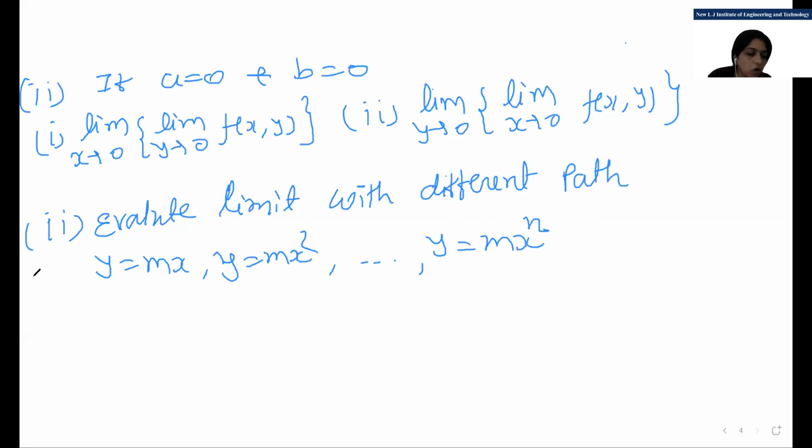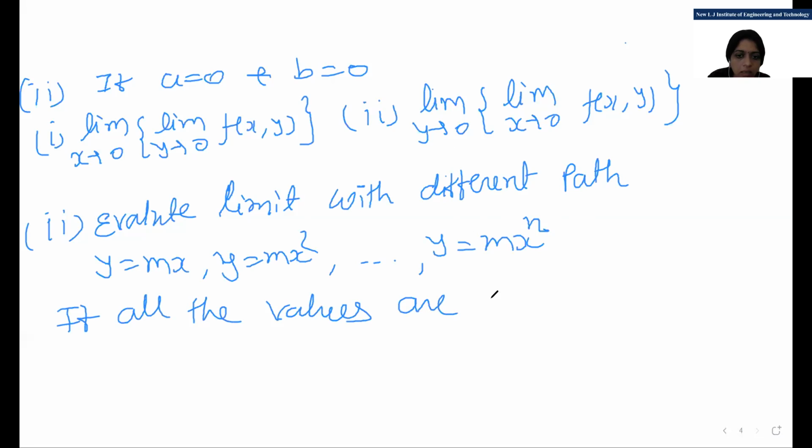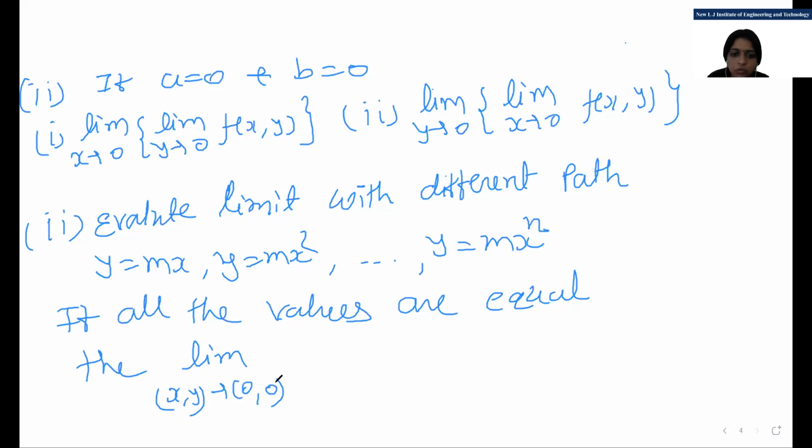Okay, if all the values are equal, then limit (x, y) tends to (0, 0), as a and b both are 0, f of xy exists.